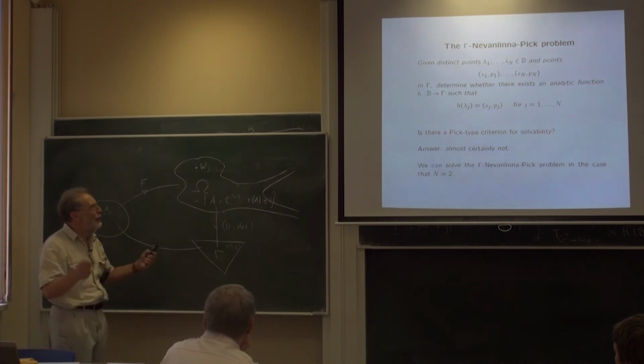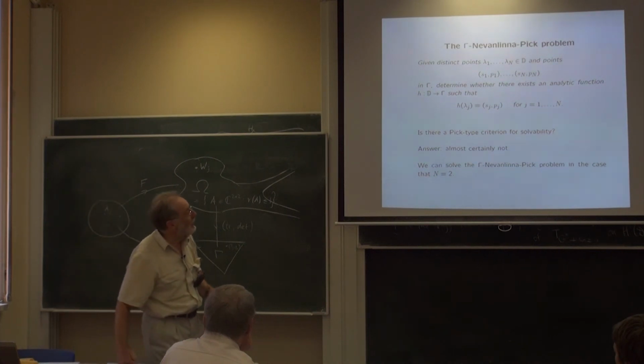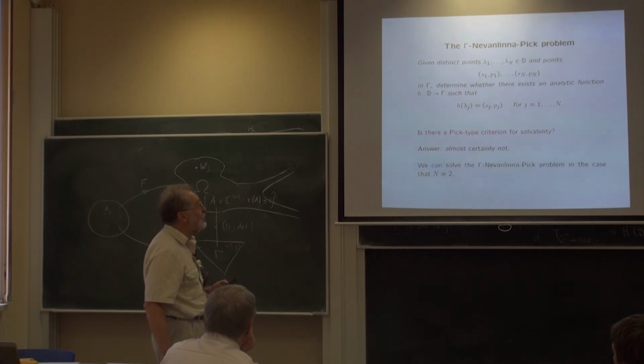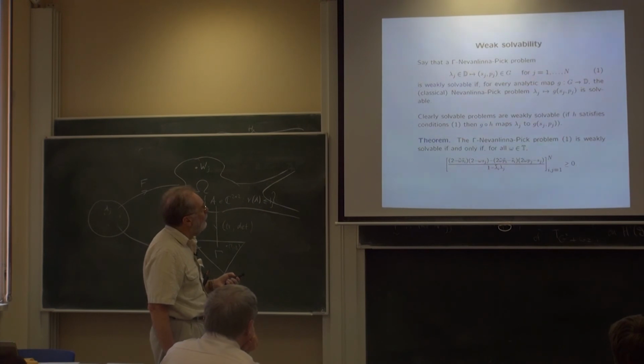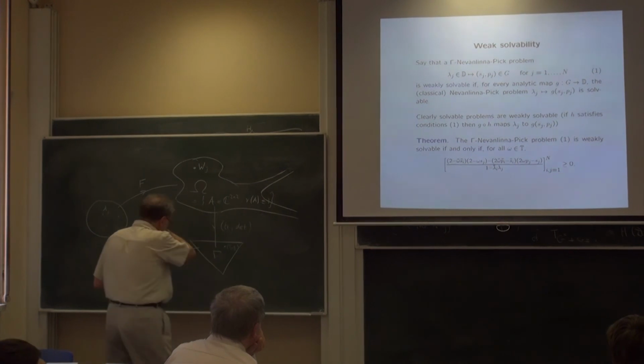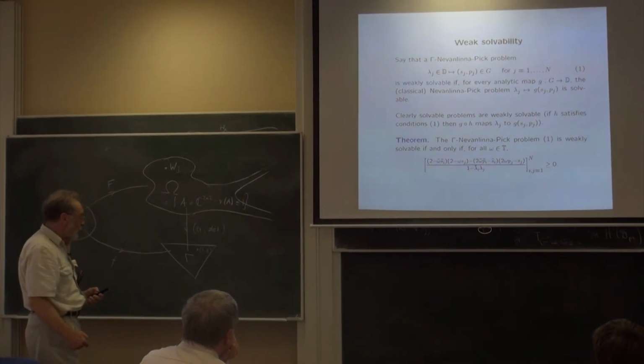If you accept some fairly non-constructive steps, then there are ways that you can do it. But if you want a very explicit solution, we can only really do it for two points.